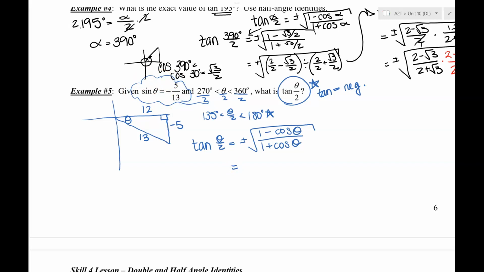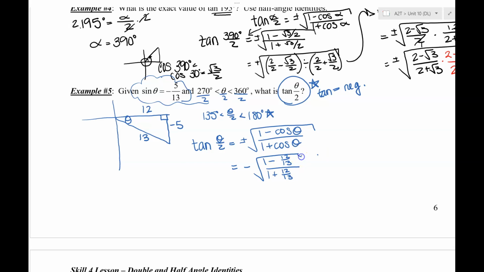So we know the answer is going to be negative because we divided the given theta restrictions by 2, because we're asked to find theta over 2, not theta. And cosine of theta is going to be 12 over 13. So 1 minus 12 over 13 all over 1 plus 12 over 13.